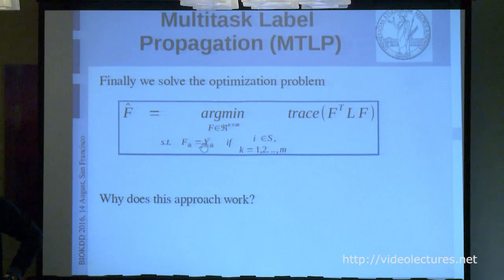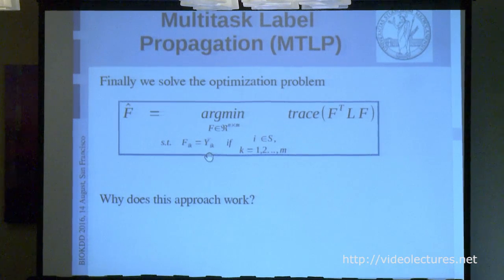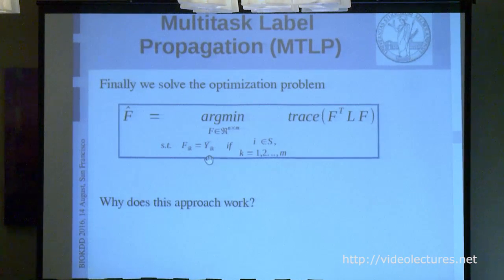Here instead we use in our constraint for labeled nodes our transformed labelings, which are not anymore in the set {-1, 1}. They are real labels now.